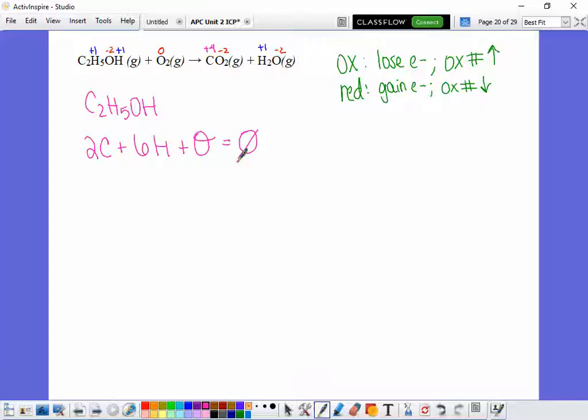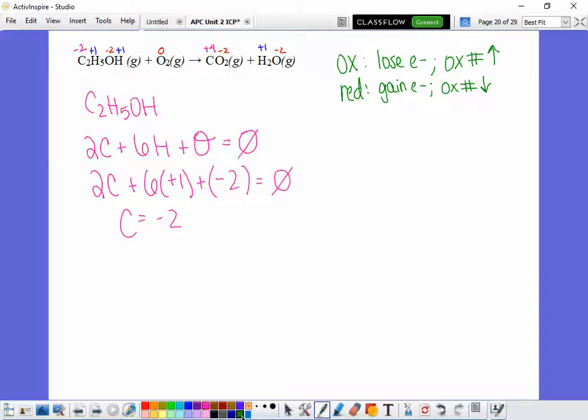Okay? Now let's fill in the oxidation numbers that we know. We don't know carbon, that's what we're solving for. Each hydrogen is +1, and oxygen is -2. So go ahead and do that algebra, middle school algebra right there, to figure out that carbon is -2 there. So this carbon is -2.